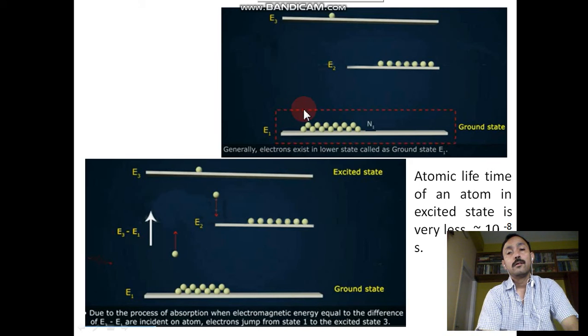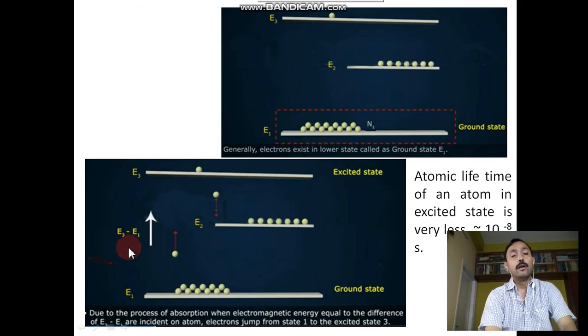Now, generally electrons exist in the lower state called ground state E1, and the number of atoms is N1. This is N1, this is the ground state.